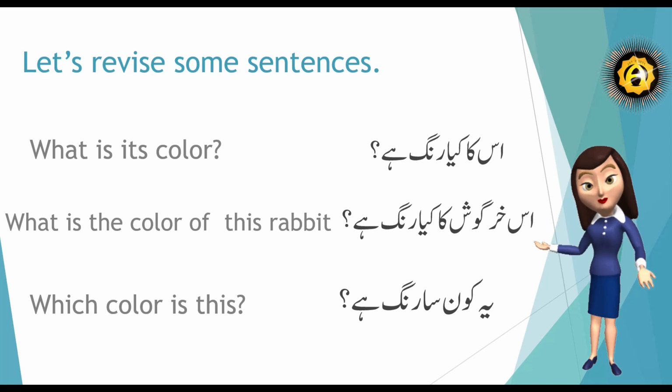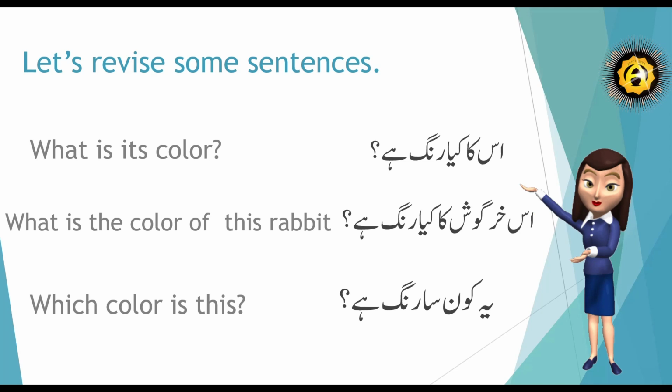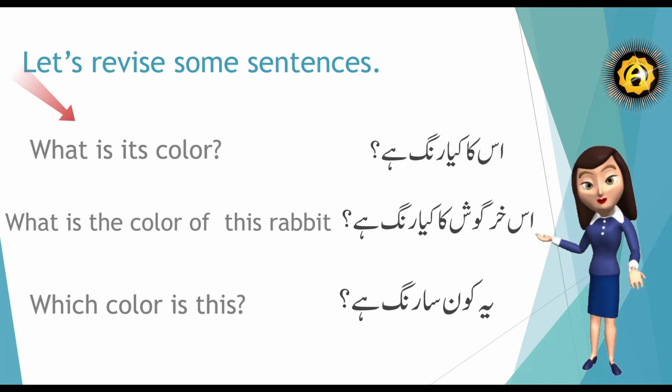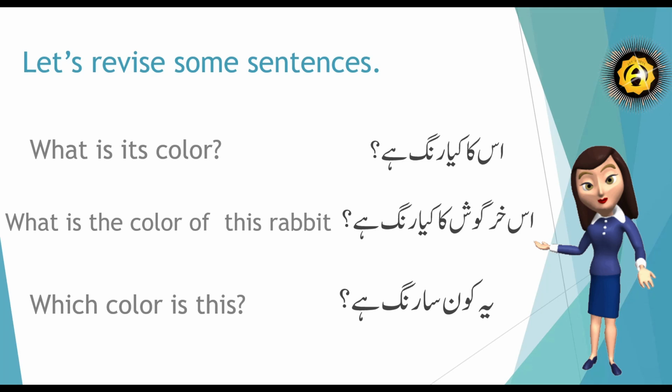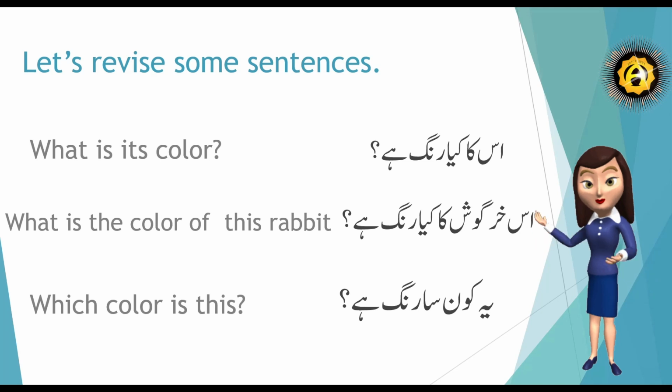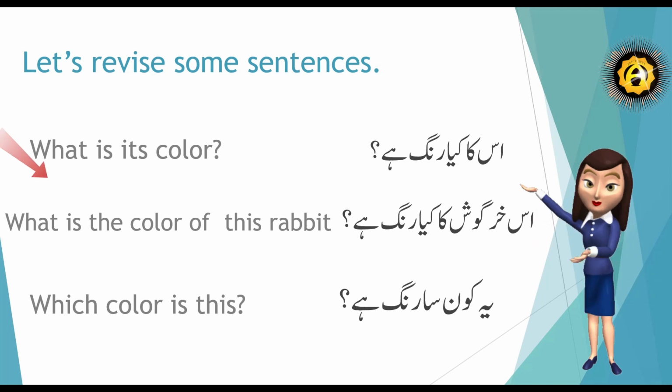Now let's repeat all of the sentences one more time. In English we say, what is its color? And in Urdu, iska kya rang hai? Then we ask, what is the color of this rabbit?